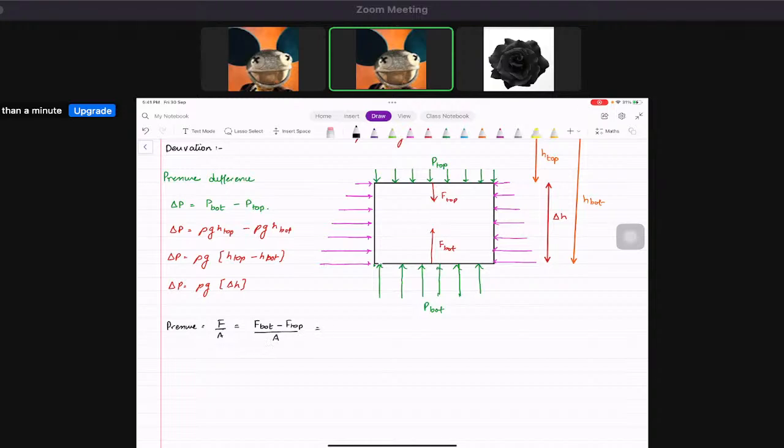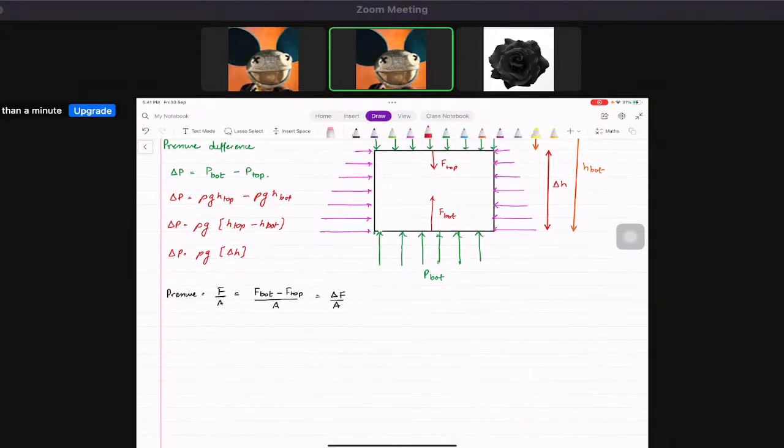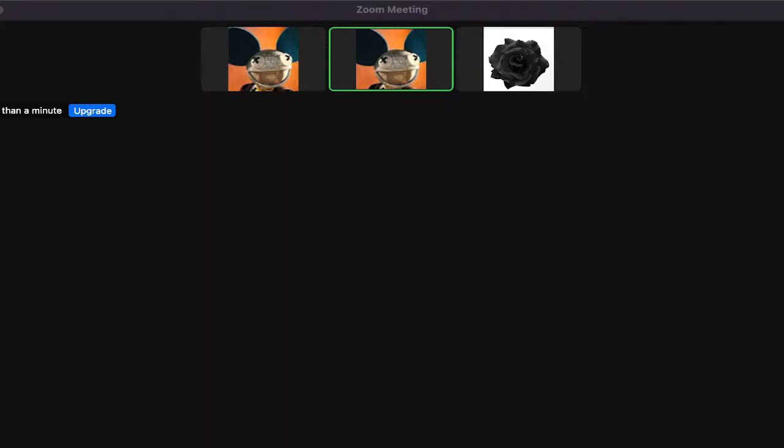So the difference of force between them is causing the resultant force here as A. Then we know that this is pressure, and the other equation of pressure is rho g delta H that we just found on top, right?